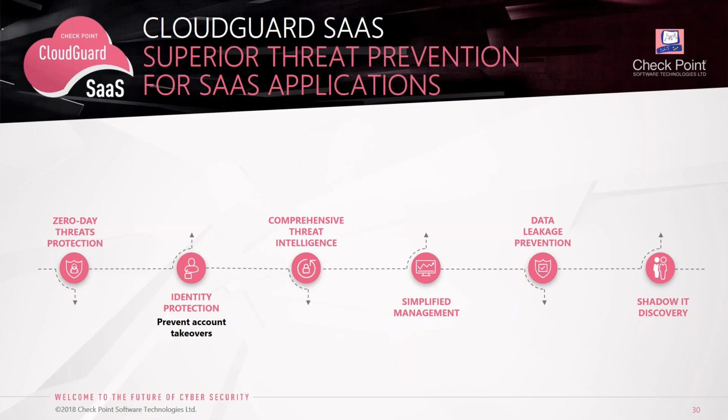It's going to make sure that all of the intelligence, both for files that we see and for data that comes in, for user login events, etc., is covered, because everything that CloudGuard SaaS sees is checked against Check Point's Cloud Threat Intelligence.